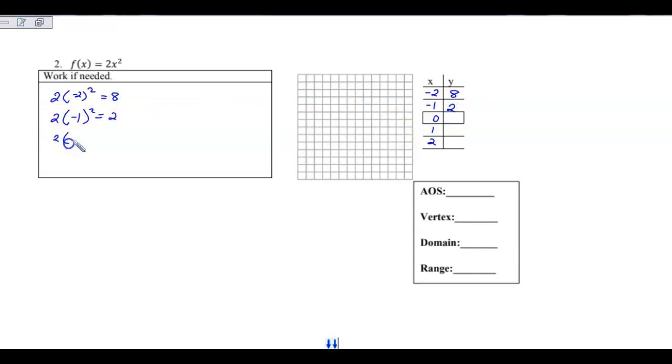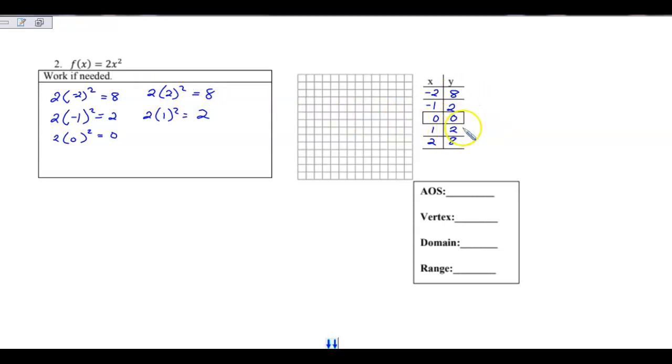If x is 0, 0 times 0 is 0, and 0 times 2 is 0. 2 times 1 squared, 1 times 1 is 1, times 2 is 2. And 2 times 2 squared, 2 times 2 is 4, times 2 is 8.